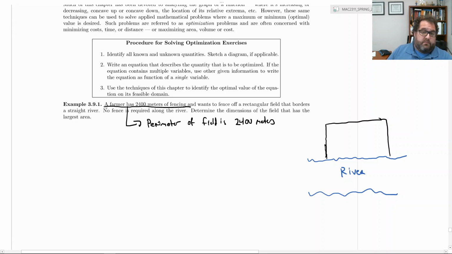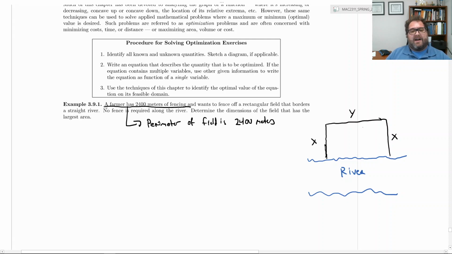If we're going to use it all, and presumably we are to get the biggest field that we can. So we have an idea what perimeter is. Now we need to optimize area, right? So let's introduce some variables. X and Y works as good as any, I suppose. X, Y, but notice in rectangles opposite sides are congruent. So if this side's X, then that side's X.